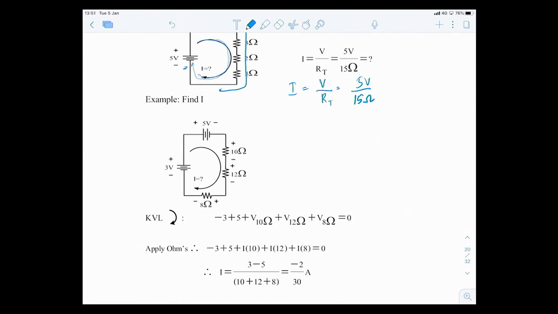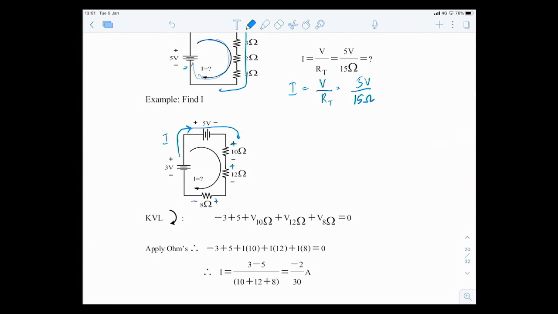So let's look at this one. Let's find I also. According to the current leaving the positive side of the source, going clockwise, I passes through 5 volt right here, passes through 10 ohms, so I give it positive sign here. Current goes positive, positive, and positive, voltage drops.